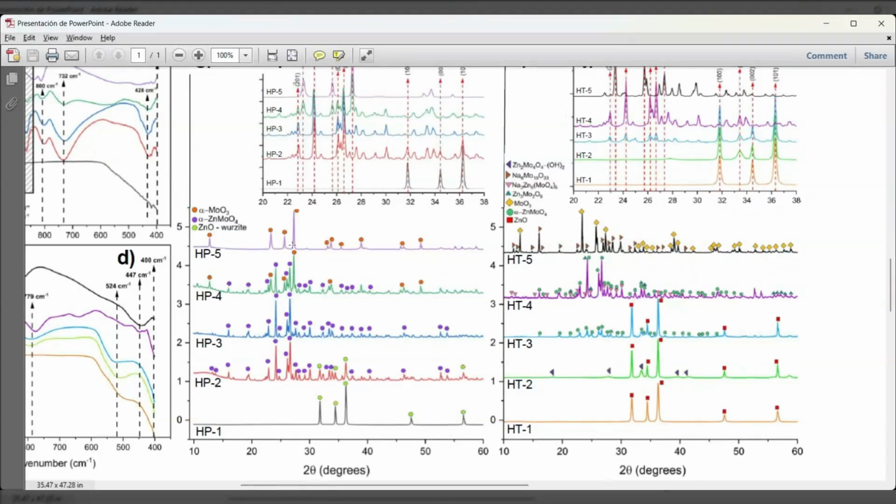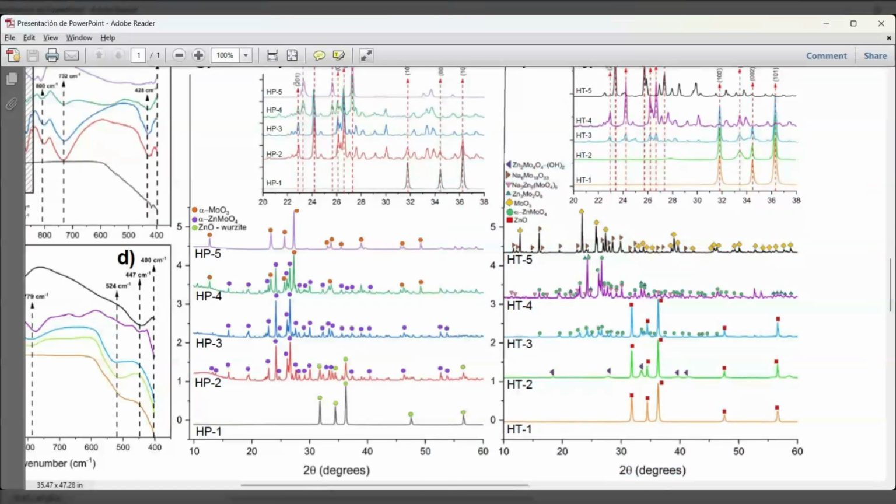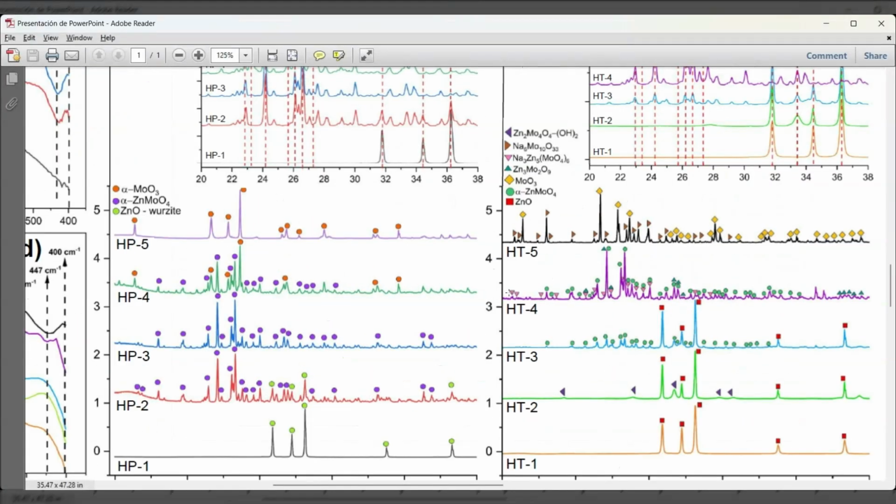However, the hydrothermal route shows a more complex phase evolution. HT1 is mainly composed of zincite zinc oxide. In HT2, an additional zinc molybdenum hydroxide related phase is detected. For HT3, zinc oxide is still the dominant phase, but the alpha zinc molybdate begins to develop. In HT4, alpha zinc molybdate becomes the predominant phase, although additional phases such as the penta-5 sodium molybdenum 6 and the 3 zinc 2 molybdenum are also detected.